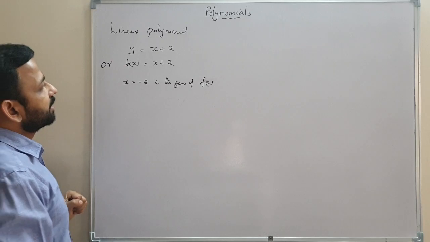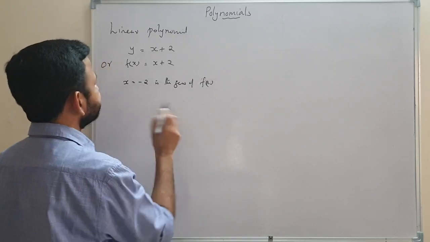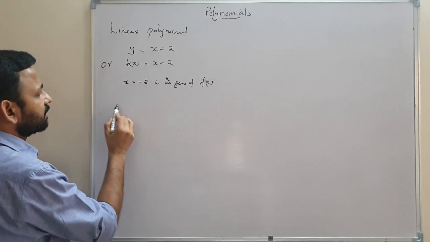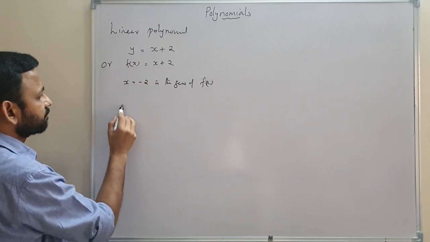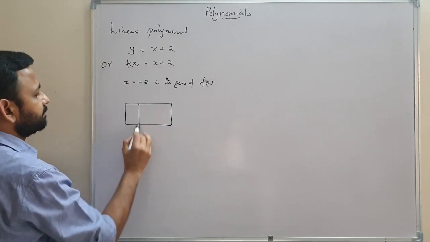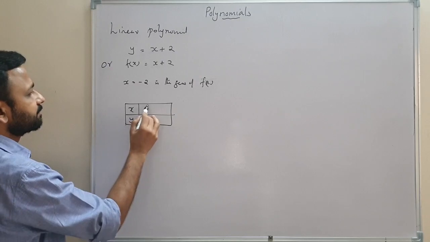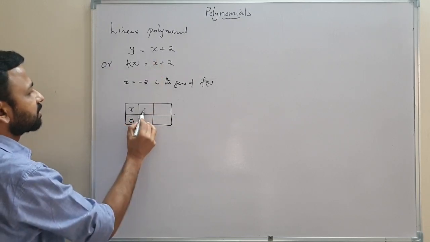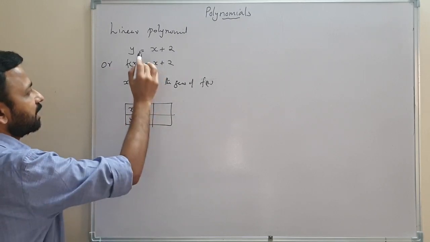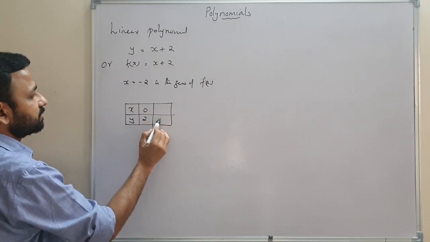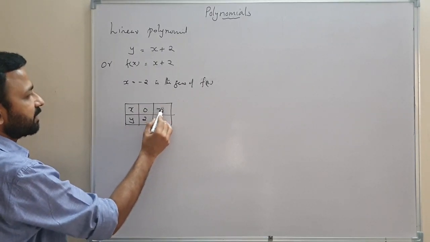And when we draw the graph of this polynomial, y is equal to x plus 2, we can make the table x, y. When x is equal to 0, y is equal to 2. And when y is equal to 0, x is equal to minus 2.